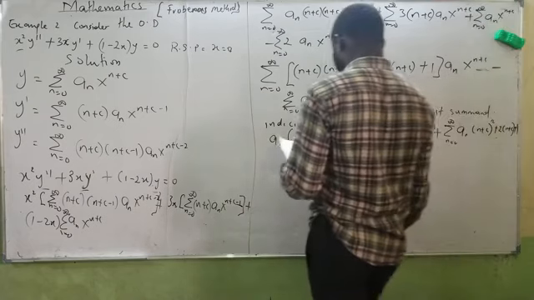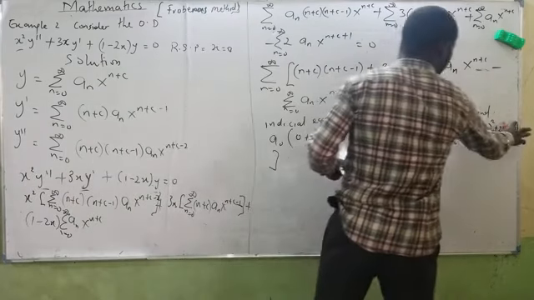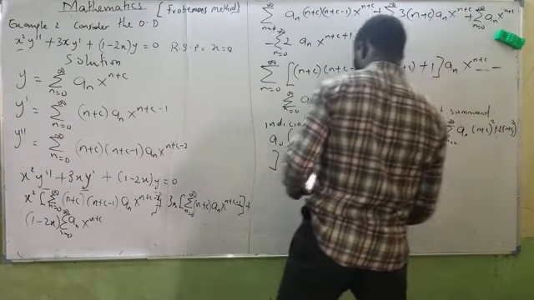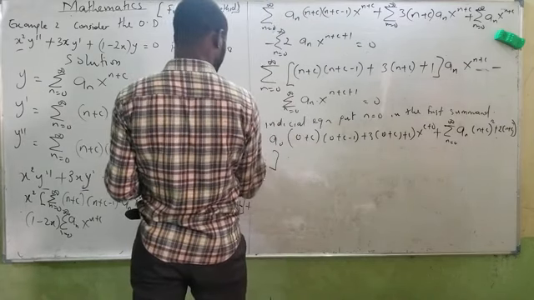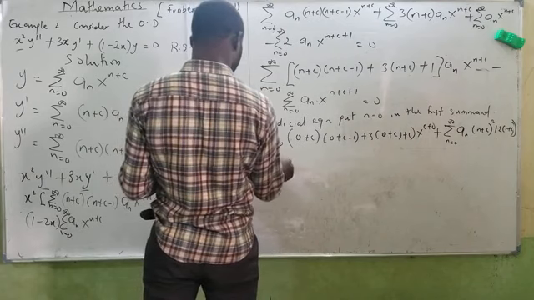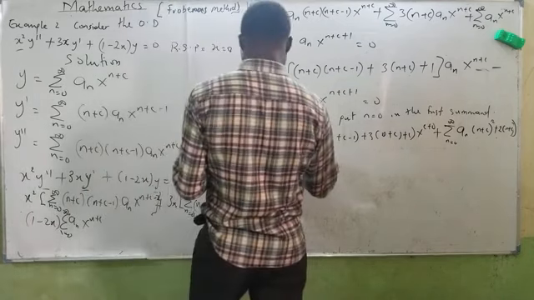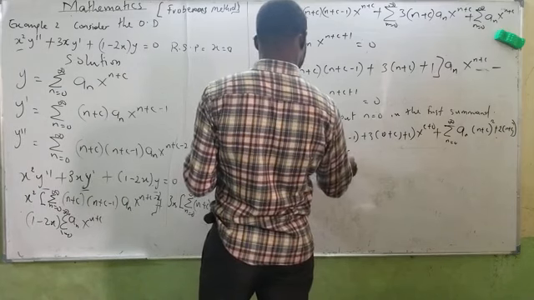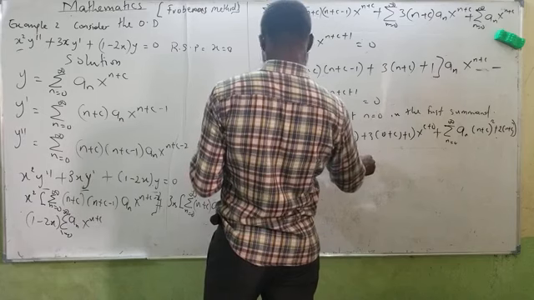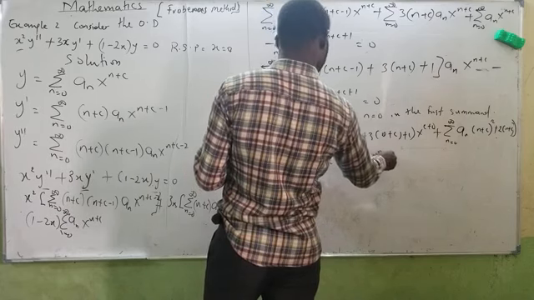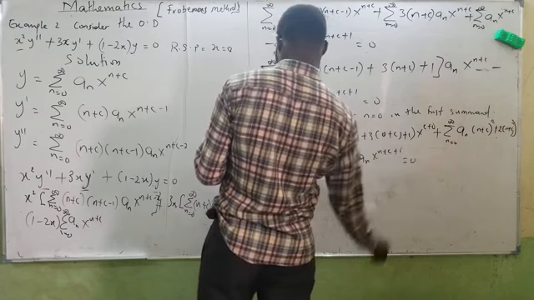There is plus 1 here. I'm closing the bracket of x to the n plus c, minus 2 summation of n equals 0, a of n x to the n plus c minus 1 plus 1 equals 0.